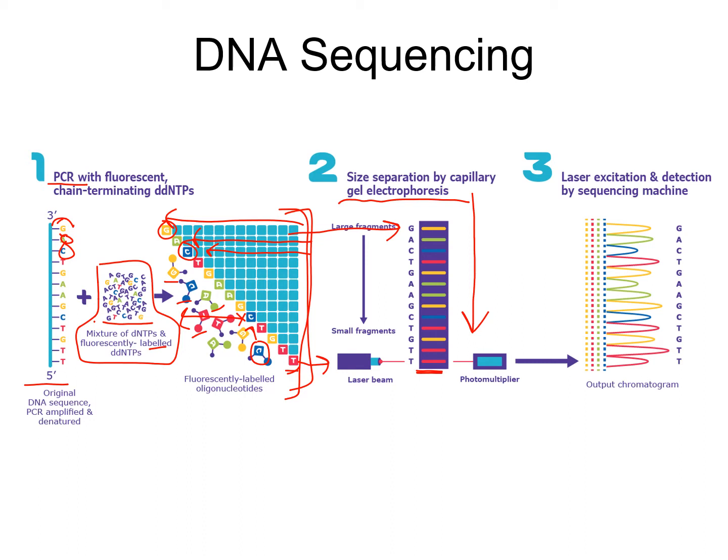And because you have these fluorescent nucleotides at the end, you can use a computer to shoot a laser beam and determine the color of each band. And that will give you the sequence of DNA. So actually you get a printout like this where it shows the colors, and it also prints out the sequence of your DNA fragment.